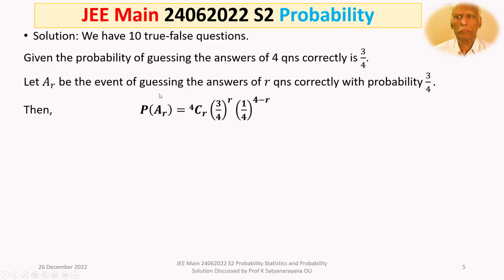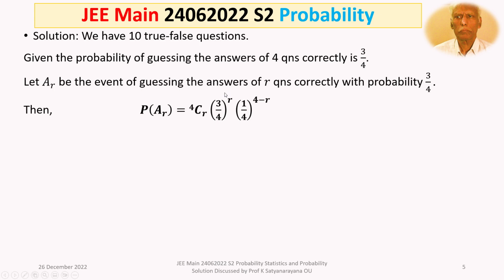Then the probability of A_r is 4Cr times (3/4)^r times (1 minus 3/4)^(4 minus r), that is (1/4)^(4 minus r). So the probability of A_r is 4Cr (3/4)^r (1/4)^(4 minus r).